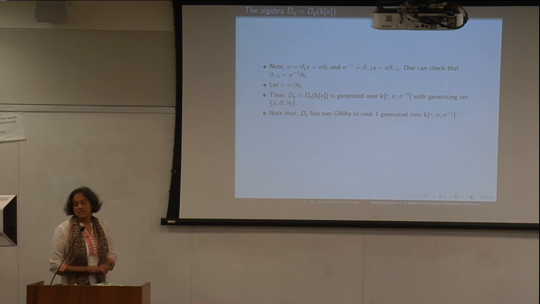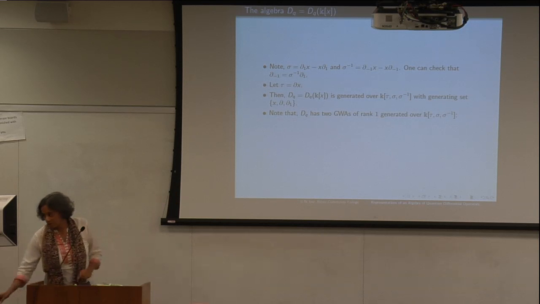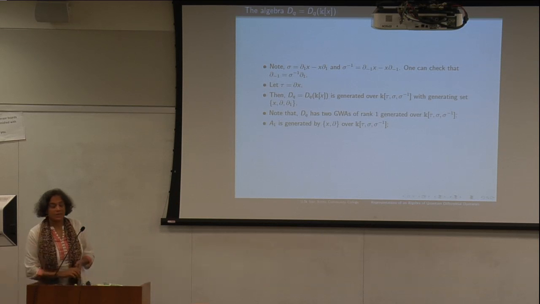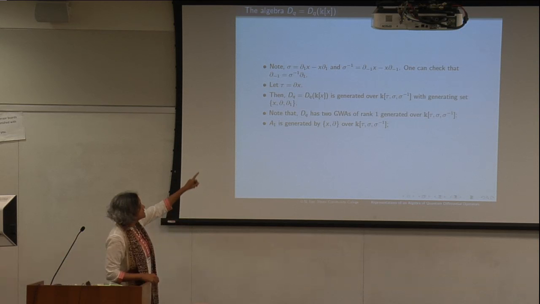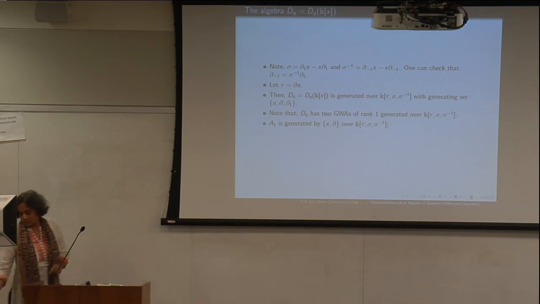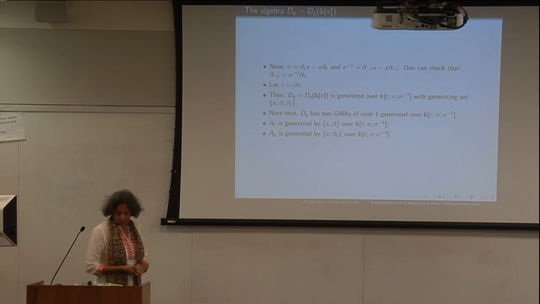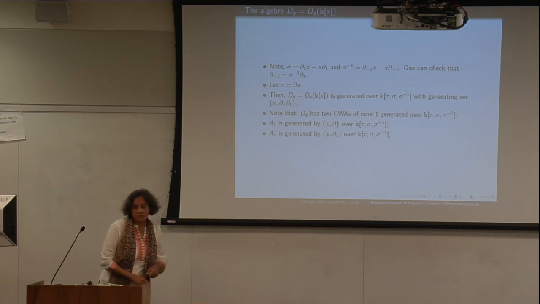In other words, DQ contains two generalized Weyl algebras of rank 1 over a commutative ring. If I take x and del, I get the first Weyl algebra over that particular commutative ring. If I take x and del 1, then I have a quantum Weyl algebra.